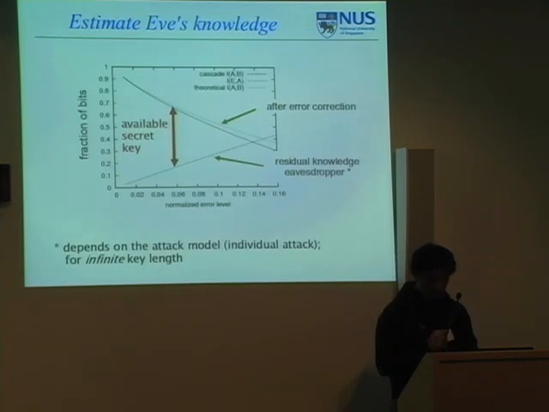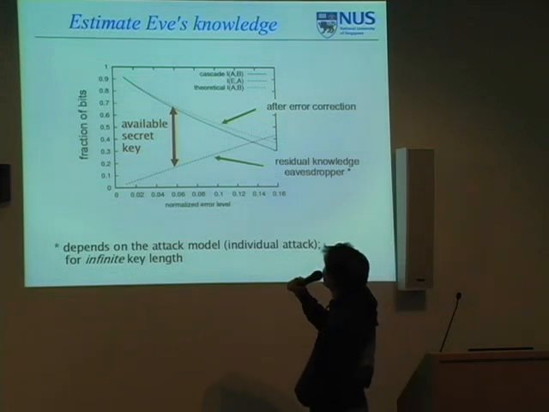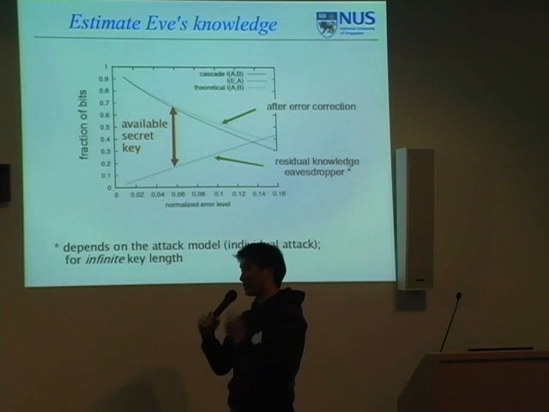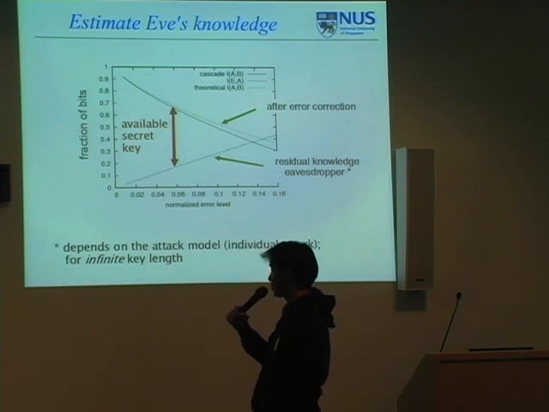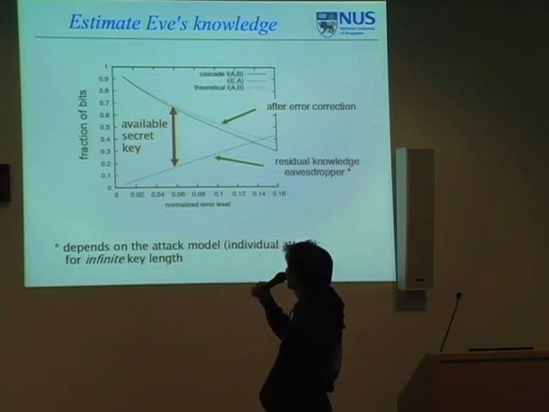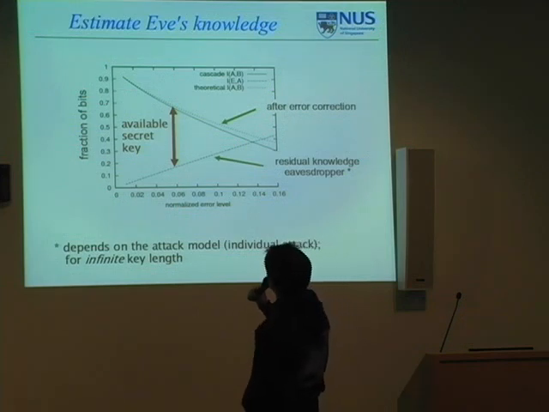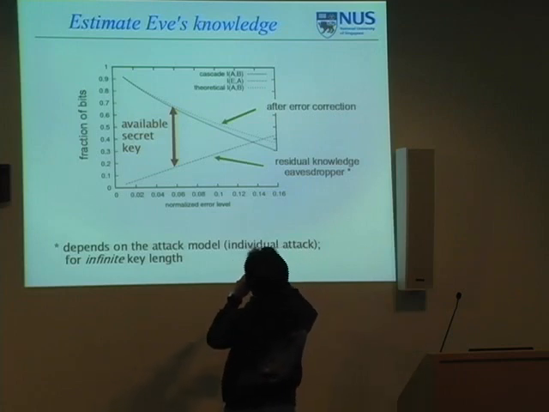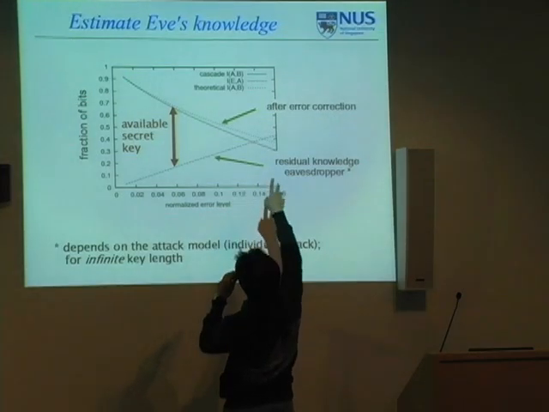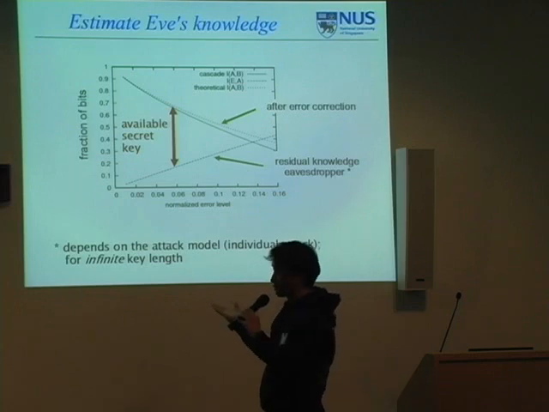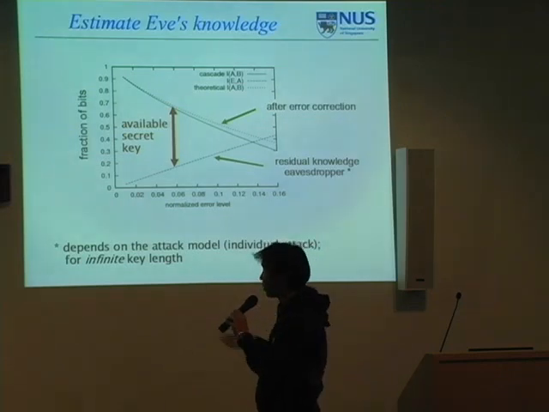This shows that based on the fraction of errors you measure in your key, you can estimate the knowledge of an eavesdropper. How we denote it is using I_AB, for example, which is the mutual information between A, Alice, and B, Bob.